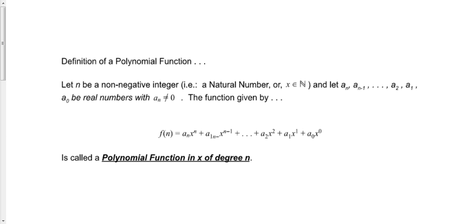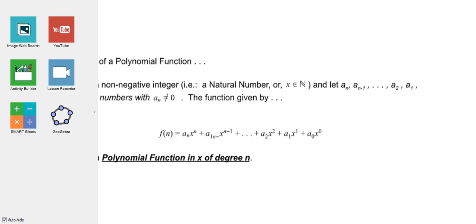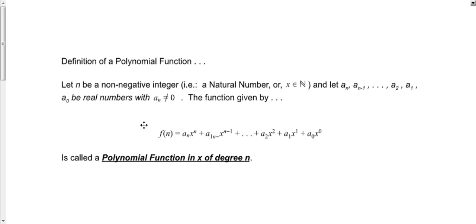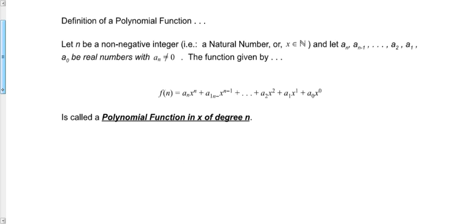what is a polynomial function? I'll read this, and then I will translate. Let n be a non-negative integer, i.e. a natural number, or I should say n is in the set of natural numbers.